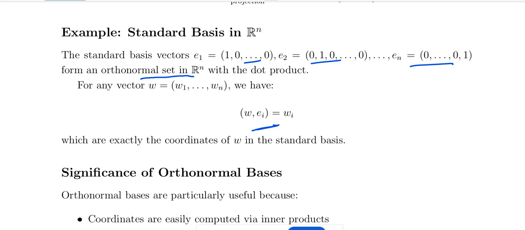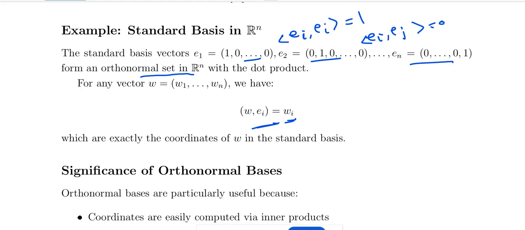The inner product of ei comma ei should be equal to 1, and ei comma ej should be equal to 0. So for any standard basis, any orthonormal set, for any vector w, the inner product of w with ei should be equal to wi.